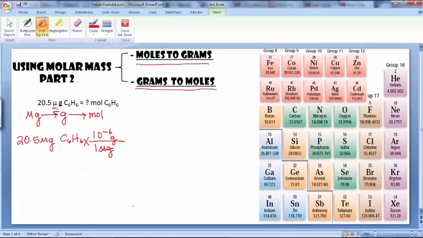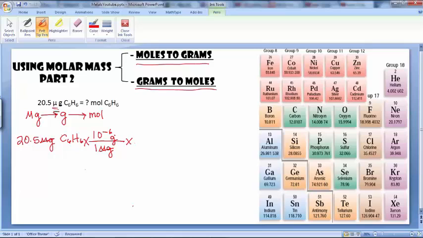So now we're out of the unit of micrograms. So when we multiply 20.5 times 10 to the minus 6, we have a unit in grams of C6H6.